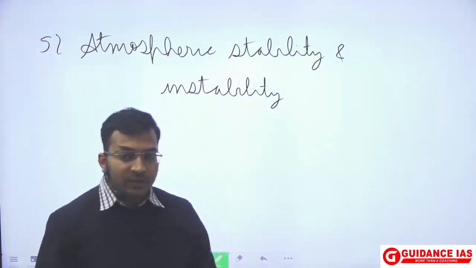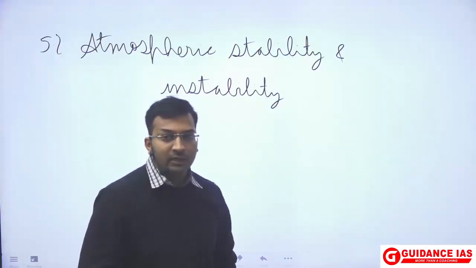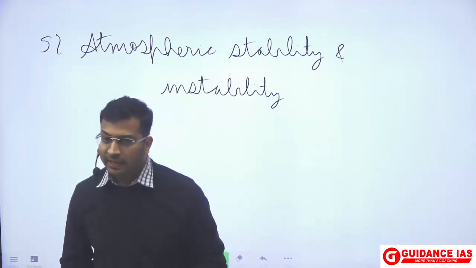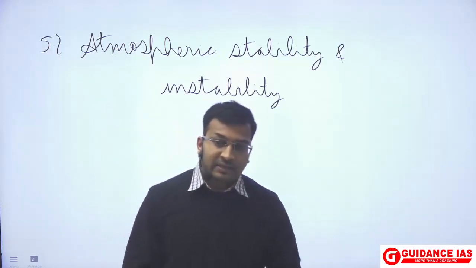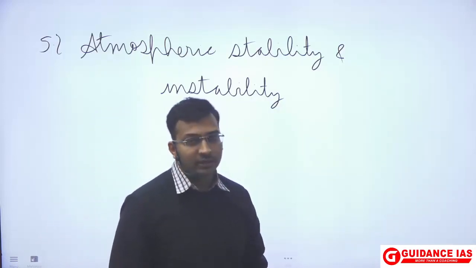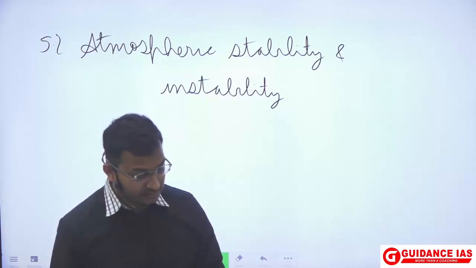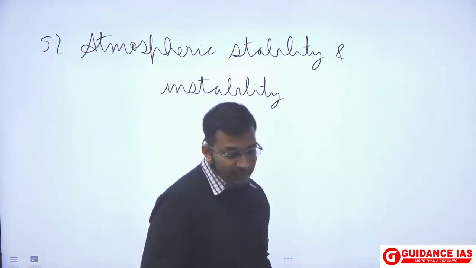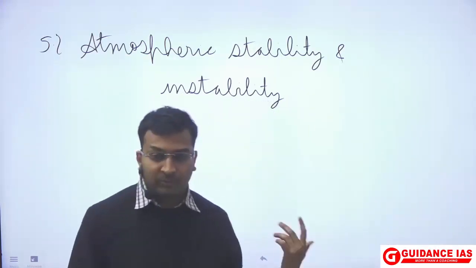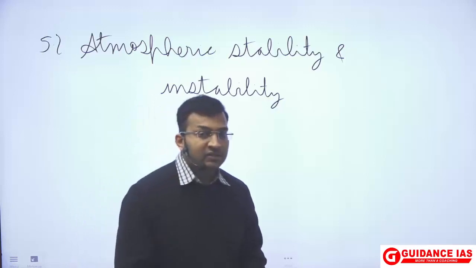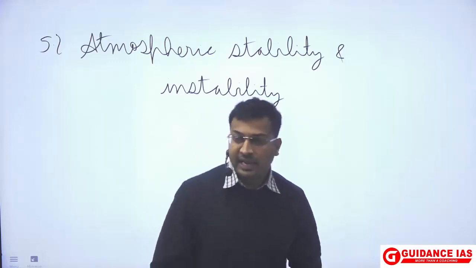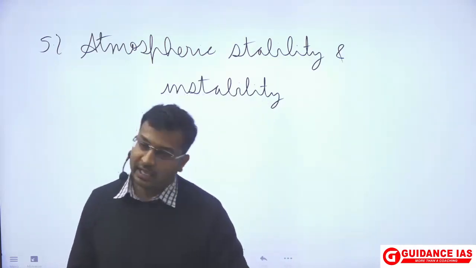The air mass without any vertical movement, either upward or downward, is known as the stable air mass, whereas the air mass where there is vertical movement, either upward or downward, is known as the unstable air mass. The stability and the instability of this air mass with respect to the atmosphere surrounding it depends on the relationship between the normal lapse rate and the adiabatic change of temperature of the air mass.